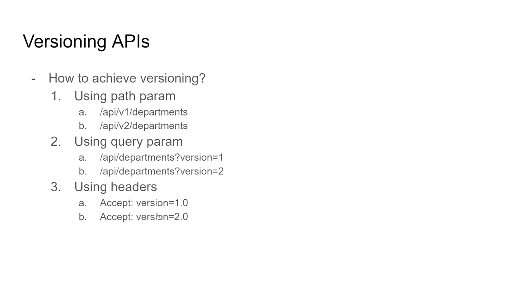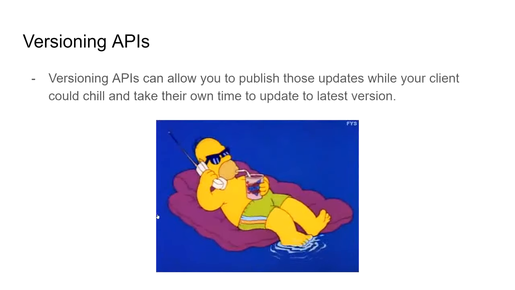So you have version 1, version 2, version 3 of an API, and now you know that all the clients have at least updated to version 2. No one is using version 1. You can deprecate version 1 and you no longer need that. Something like that you can do using versioning.